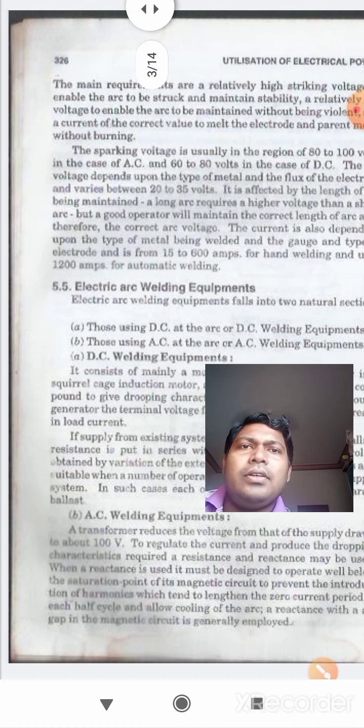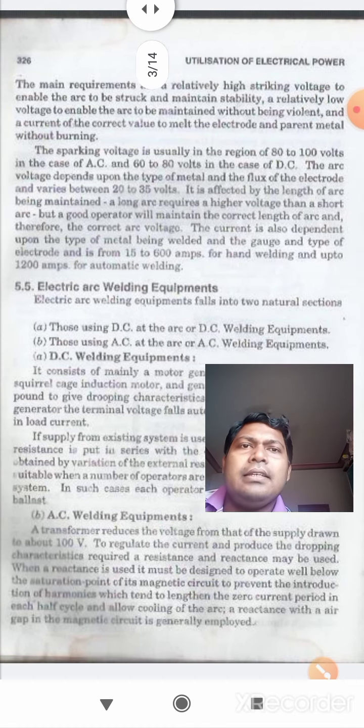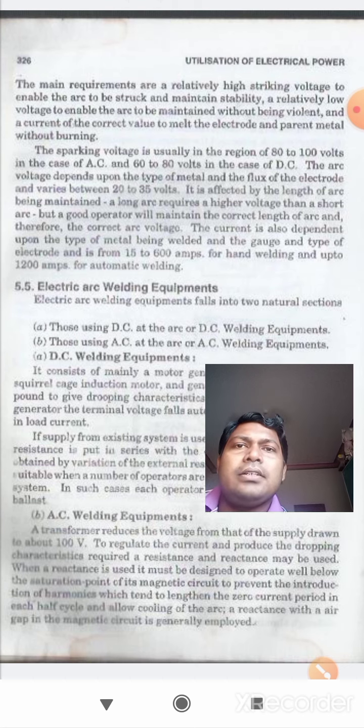The main requirements are a relatively high striking voltage to enable the arc to be struck and maintain stability, a relatively low voltage to enable the arc to be maintained without being violent, and a current of the correct value to melt the electrode and the parent metal without burning.